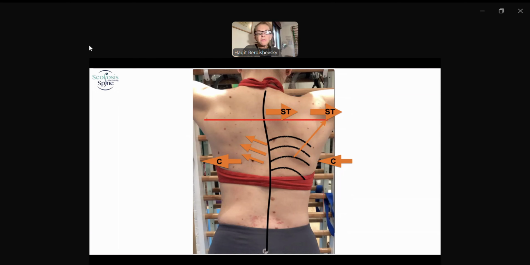The patient will now continue this cycle, expanding the left side, this is the counter, and expanding with shoulder traction to the right side.